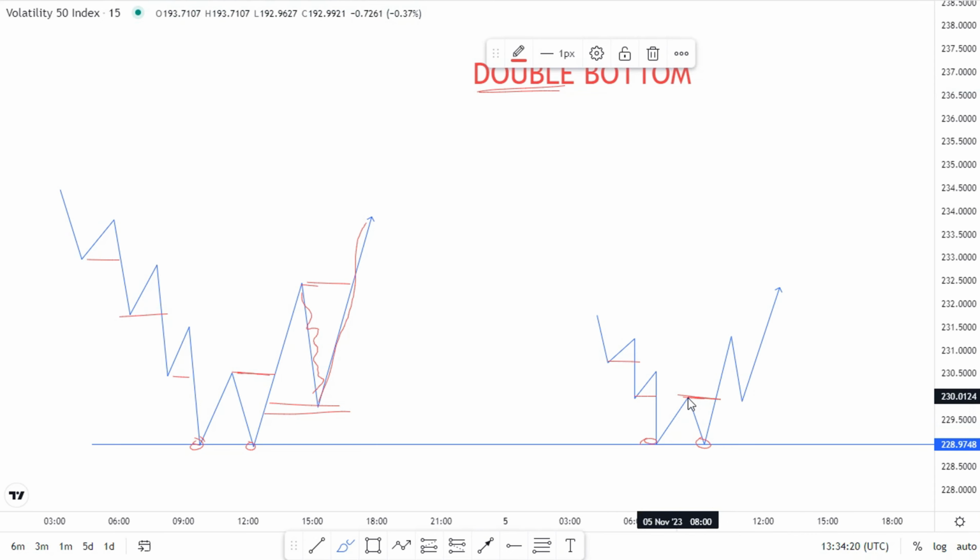So we expect this market to come and do some pullbacks to the area of the neckline, which is these areas here. This is what we call the neckline. So we expect the market to tap this area for retracement. After the retracement, we expect the market to do some big impulsive movement.